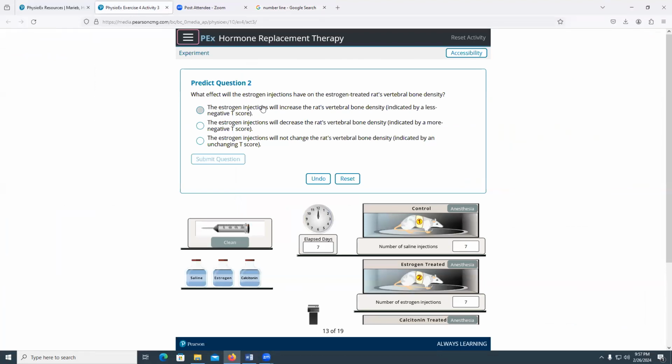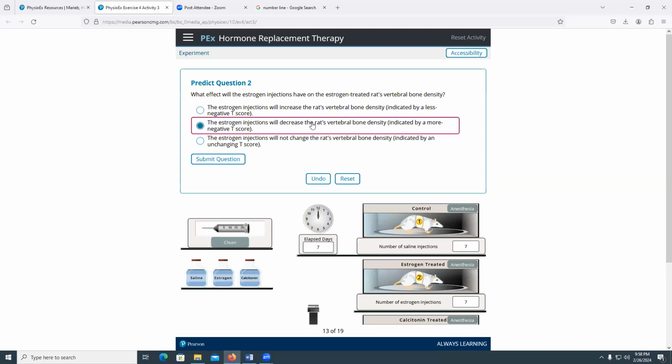So what effect will estrogen injections have on the estrogen treated rats? The estrogen injections will not make my T-score more negative.